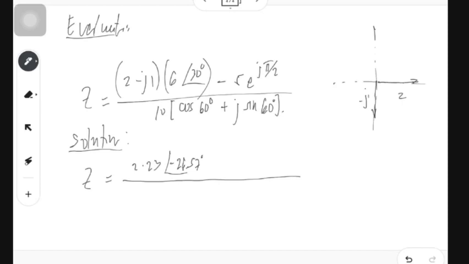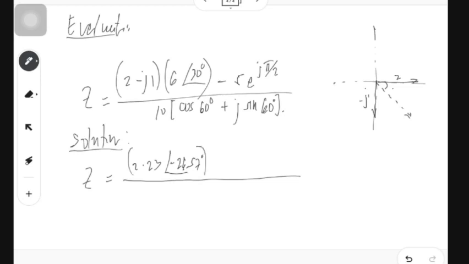So it lies on the fourth quadrant. And the resultant of these two vectors is somewhere here. And the angle measured in a clockwise direction is negative. So tama, negative 26.57. Ito yon.